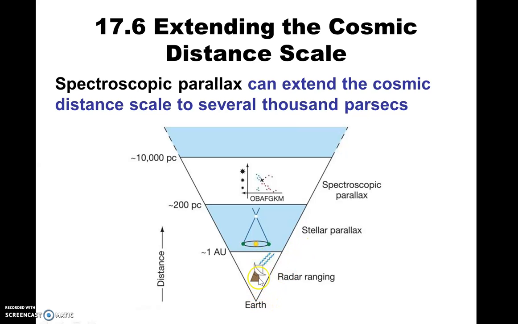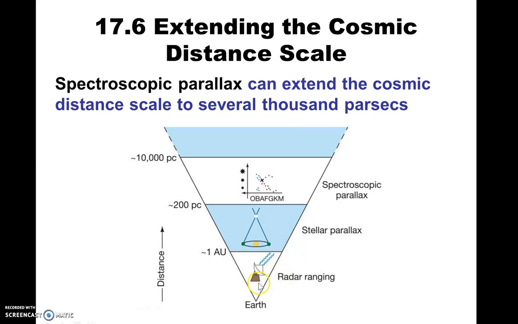Within the solar system, you can actually use radar. You can bounce radar off the moon. You can't bounce radar off the sun because that energy just gets absorbed. But using orbital information about the planets going around the sun, you can estimate the distance to the sun very accurately, and then you can do the same thing for the distance to Mars.